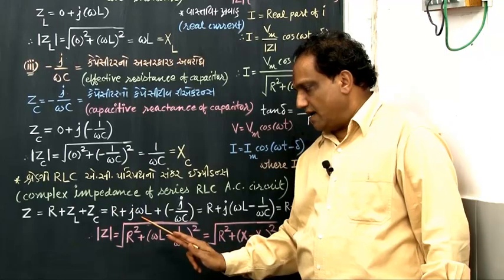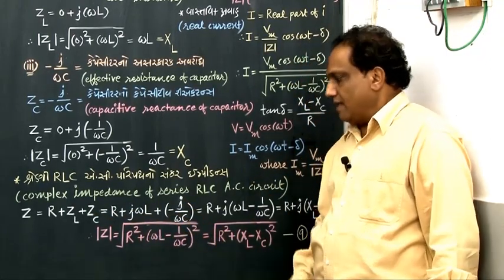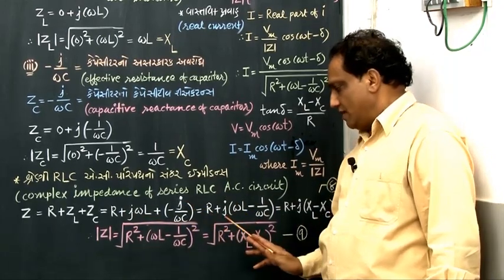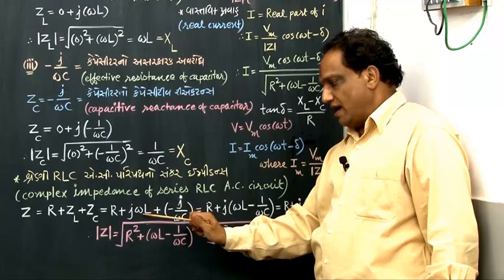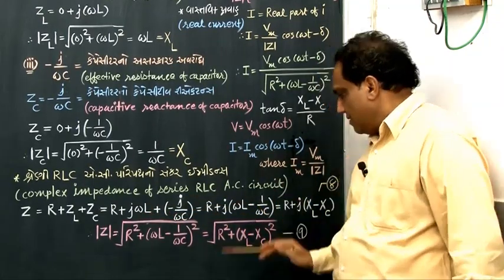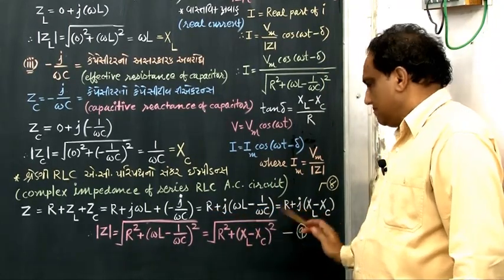Fine. This R as it is. ZL is j omega L. ZC is minus j upon omega C. Now R as it is, and j and j I can take common. Inside the bracket: omega L minus 1 upon omega C. This is R as it is plus j as it is.